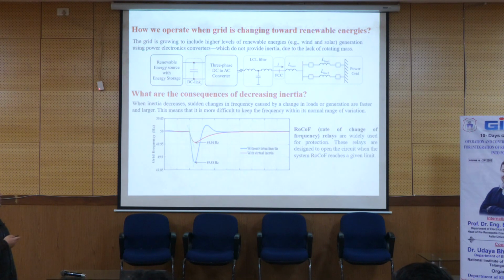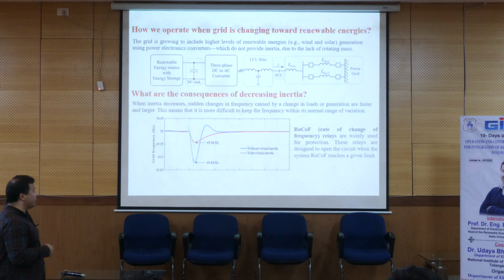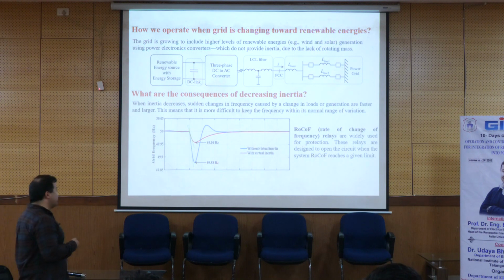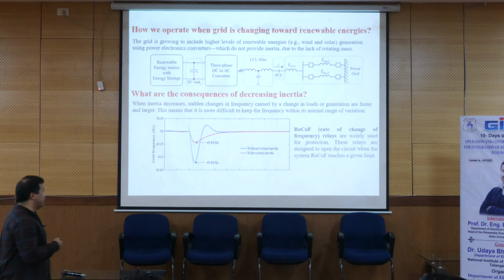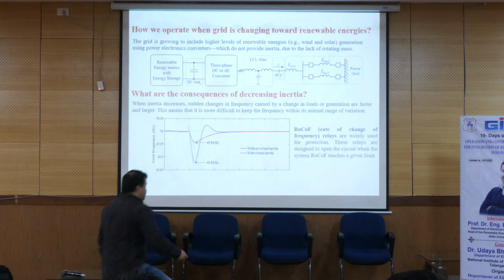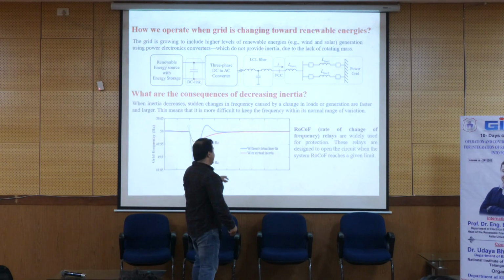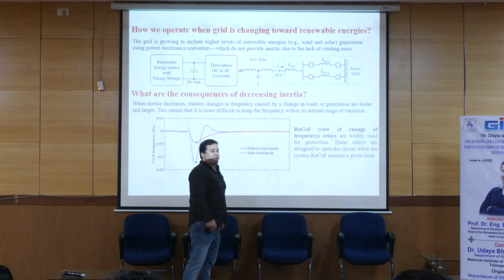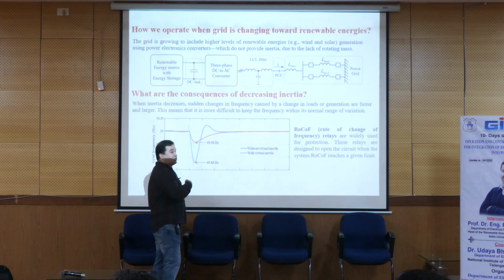So what are the consequences of this technology, I mean, lack of inertia? Then we see that the frequency drops, and the stability of the frequency will be weaker when changes happen. If you look here, we have a system with enough inertia and one without enough inertia, and a fault happens at this time.